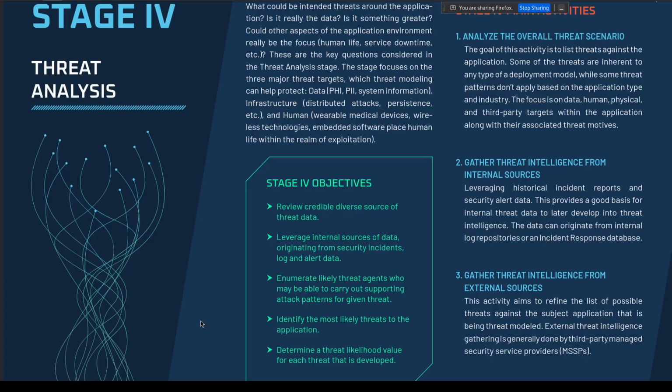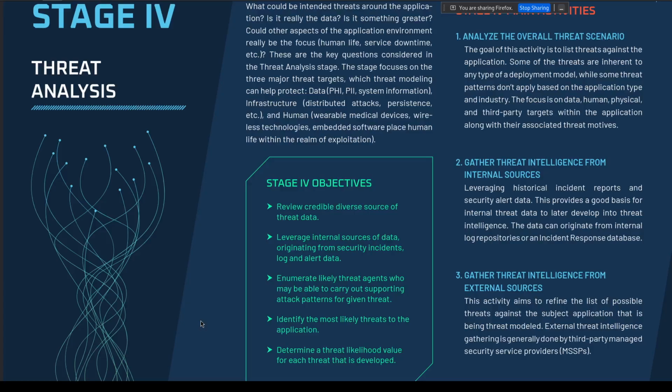And then in the second activity, you gather threat intelligence from the internal sources. What I mean by internal sources is you can use the previous penetration testing reports for the project in order to identify vulnerabilities that were previously reported. You can use the security incident reports for the attacks that took place before, which were identified. You can monitor for alerts that were identified by our SOC people.